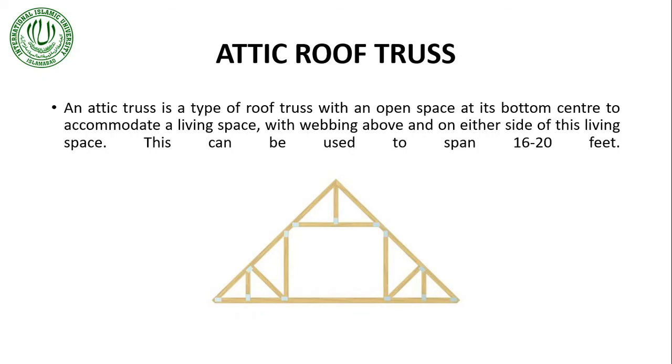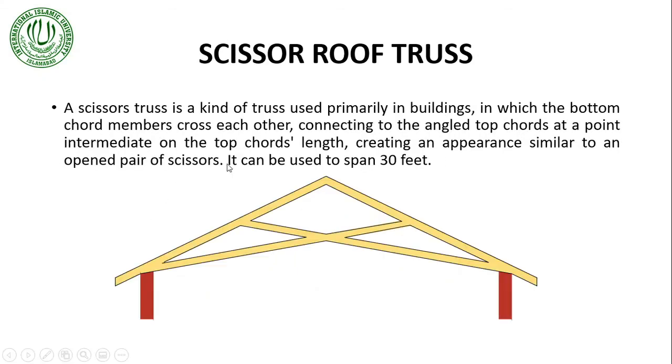Basically in smaller houses, this living space is called an attic. That's why it is termed the attic roof truss. It has webbing all around its three sides. This type of truss is very commonly used for house construction because its span is from 16 to 20 feet only.